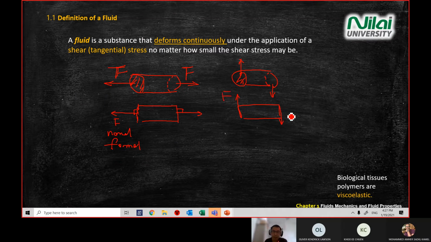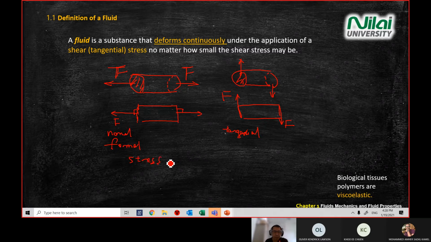So your force will go like that. So this kind of force that is parallel to the area, we call it tangential force. It is parallel to the area. And we can change the force to the stress.